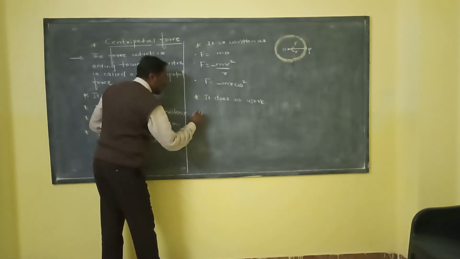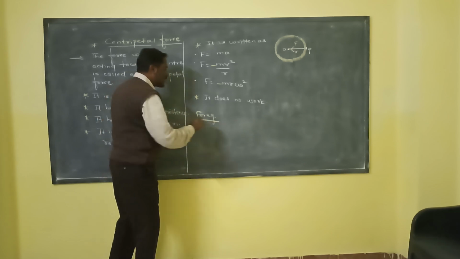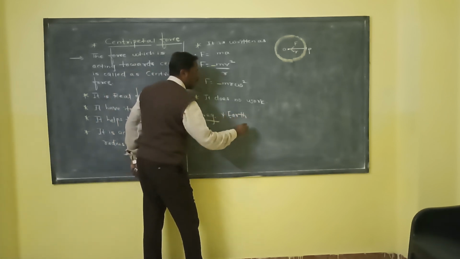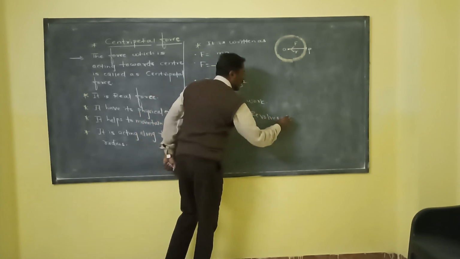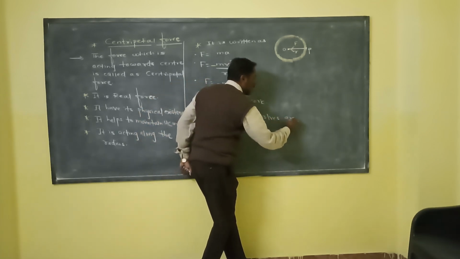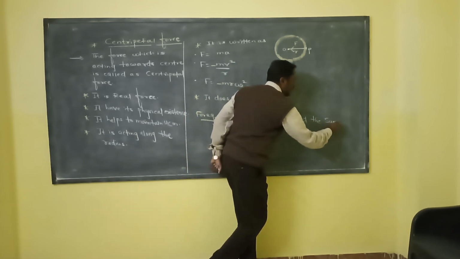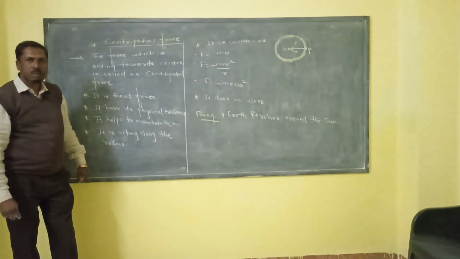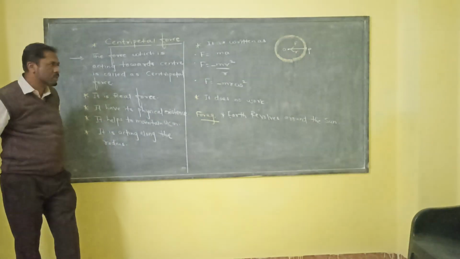For example, the best example is that Earth revolves around the Sun. Why are we taking this example?